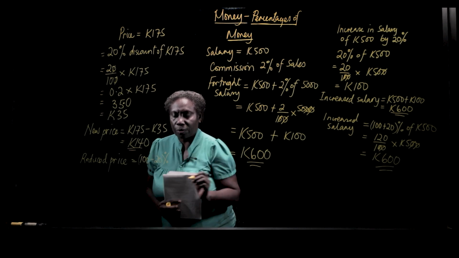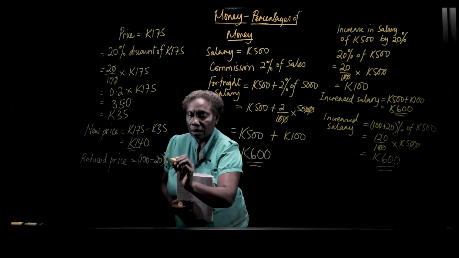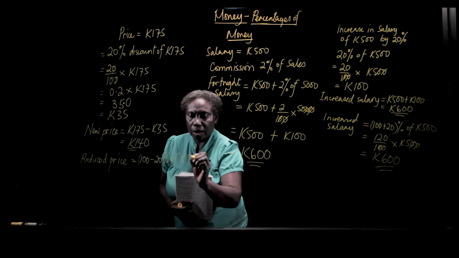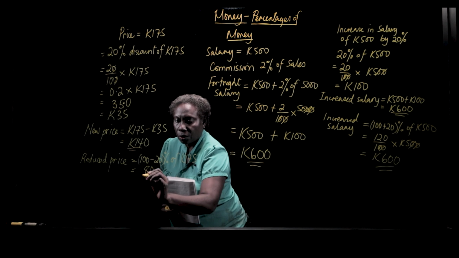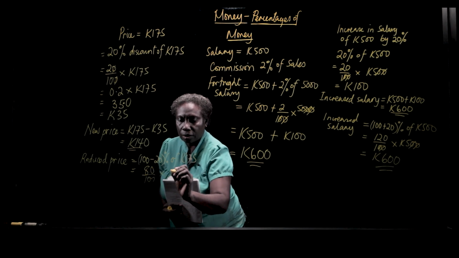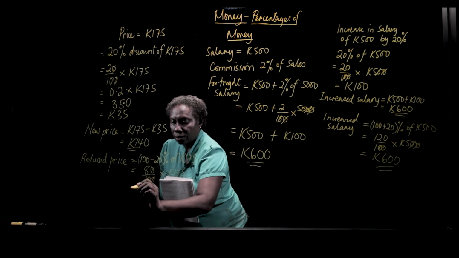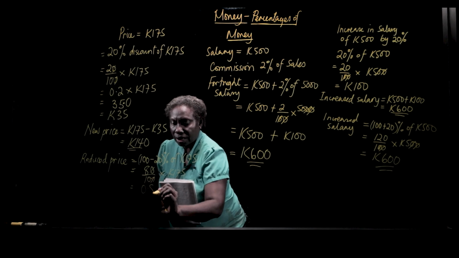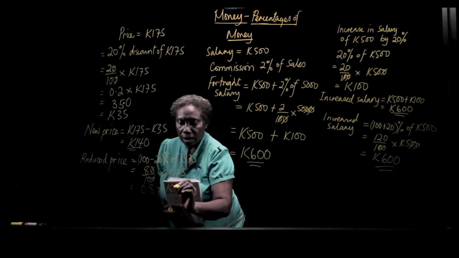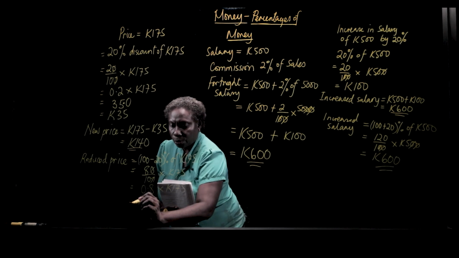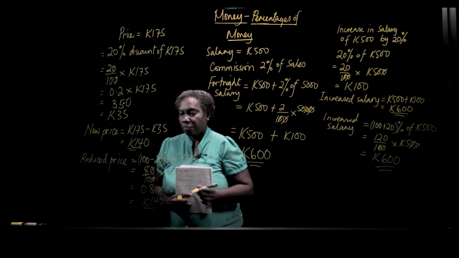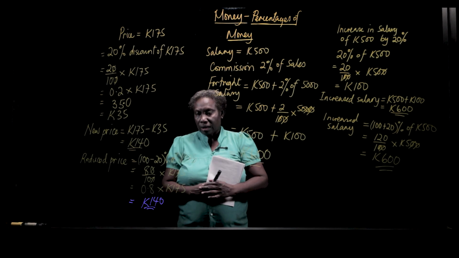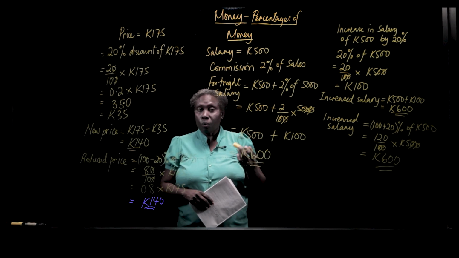So 100% minus 20% of 175 is equal to 80 over 100 times 175. This and this cancels out. So we have 0.8 times 175. That will give us 140 kina. So the reduced price after the 20% discount is 140 kina.